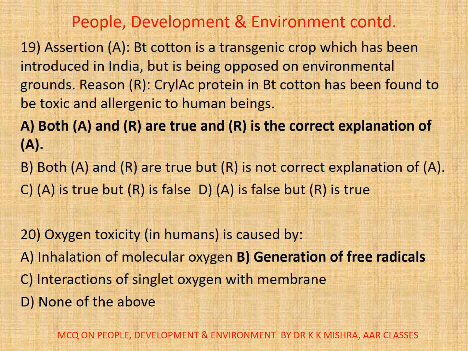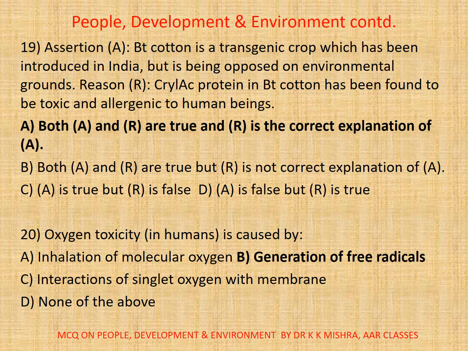Reason: specific protein named as CRY1AC in BT cotton has been found to be toxic and allergic to human beings. अगर आप इनको ध्यान से देखें तो जो बातें वहां कही गई हैं उसी का एक्सप्लेनेशन यहां पर है. अगर आपको नहीं भी पता है कुछ टिपिकल वर्ड्स की वजह से, लेकिन अगर आप ध्यान से देखें तो दोनों सही हैं और आर इसका सही एक्सप्लेनेशन भी है. सो करेक्ट ऑप्शन इज ए.